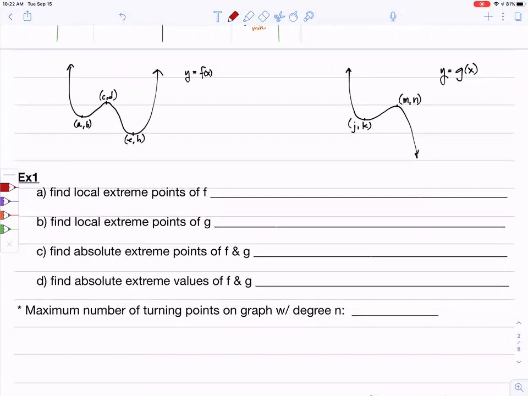I want you to write down for part A what you think the local extreme points of graph F are. And you're using what you saw in the video to do this.